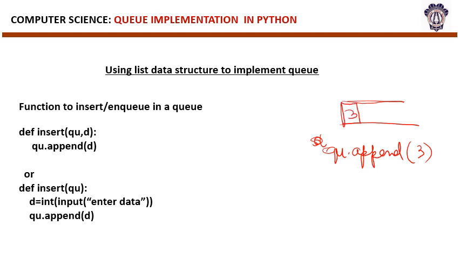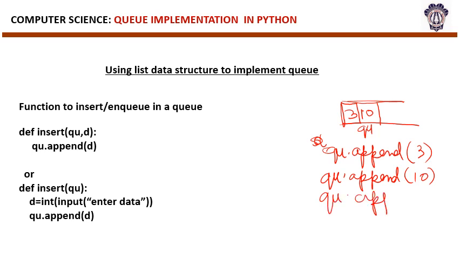This is my queue. I write queue dot append 10. Now what happens? 10 gets added in the list. If you add one more element, queue dot append 15.